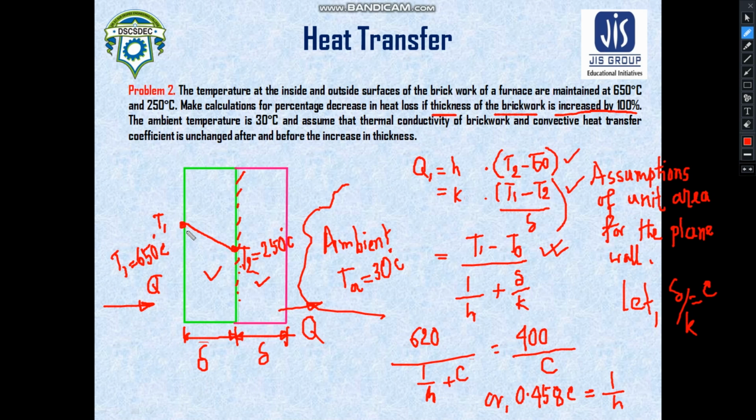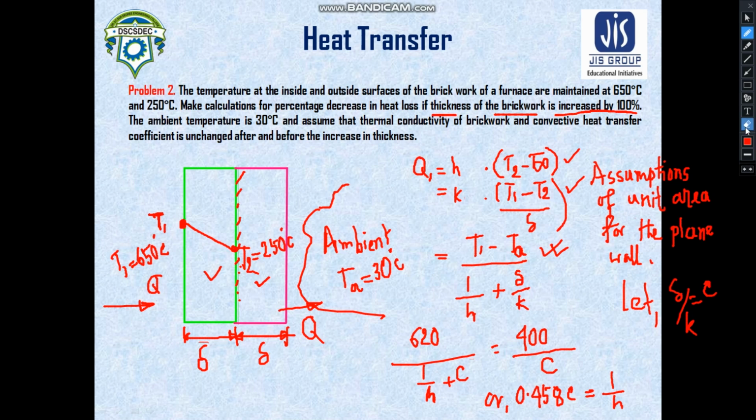And the final temperatures would be, the leftmost side of the surface of this plane wall would be maintained at T1, and it would be interacting with this ambient which is kept at TA, 30 degrees Celsius. So these values would not change.